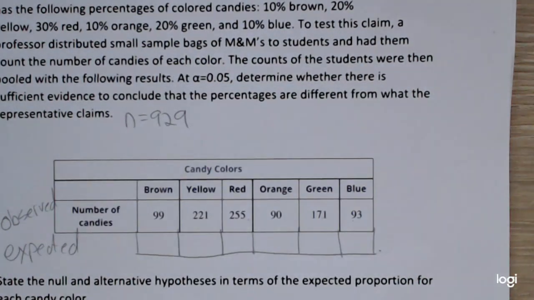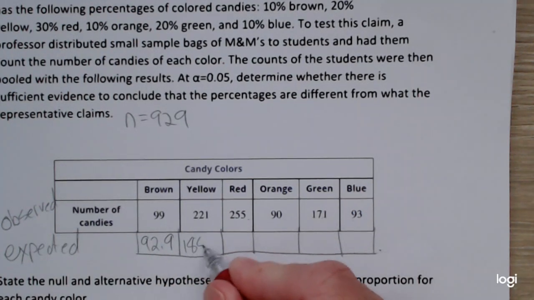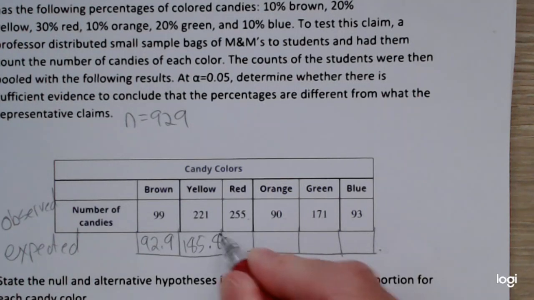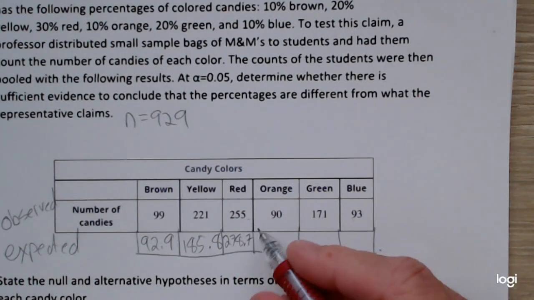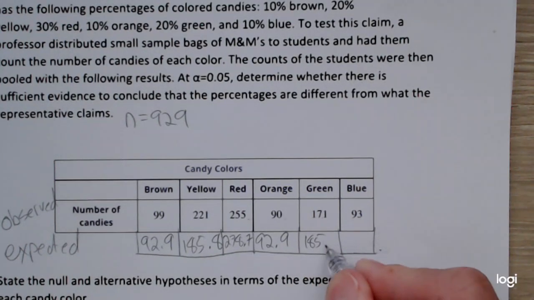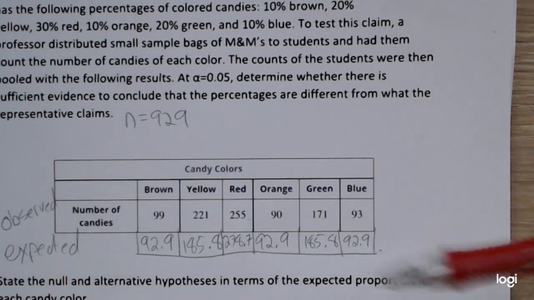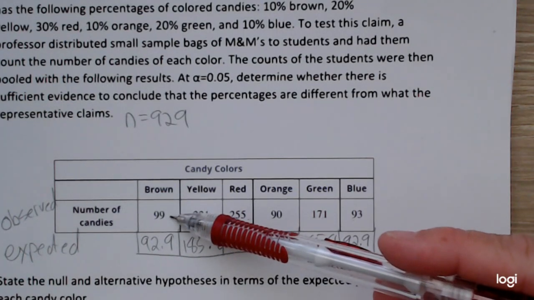So the expected count for the first category is 92.9. I have 185.8, 278.7. I'm writing a little too large for these boxes. The observed value for brown is 99.